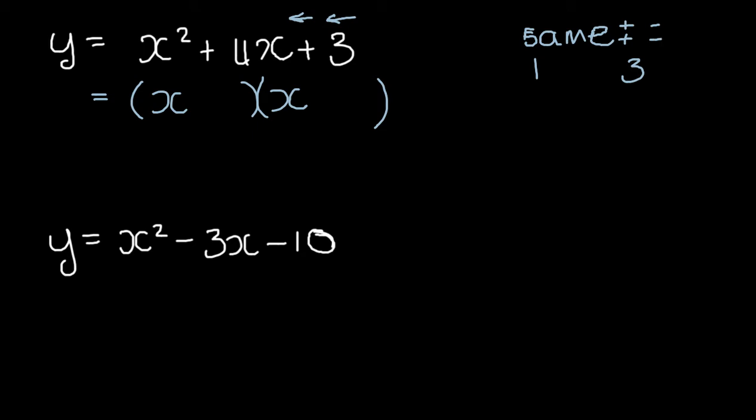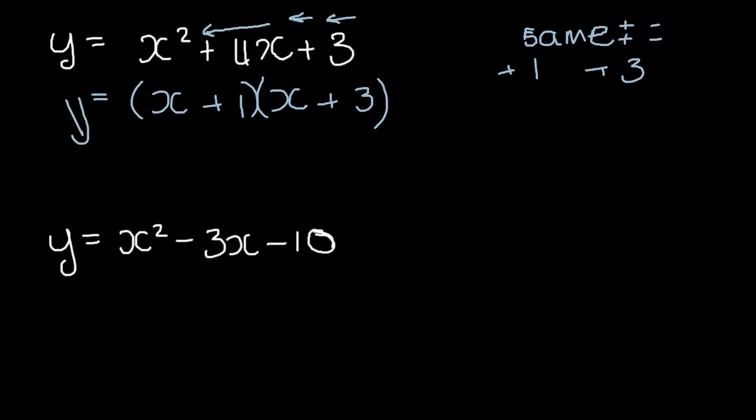I can only use a combination of 1 and 3 in here, and it has to either both add or both subtract to plus 4. Well, plus 1 plus 3 would give me 4. So that's what I'm going to go for in my brackets. And that's it. I've factorised, which is quite nifty.